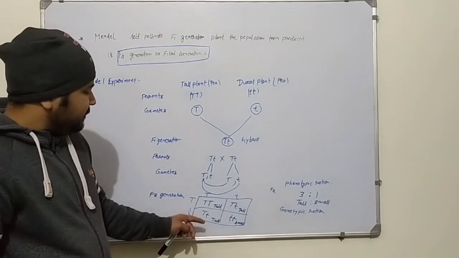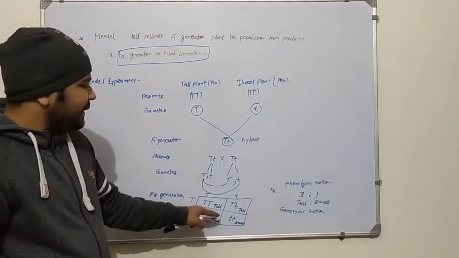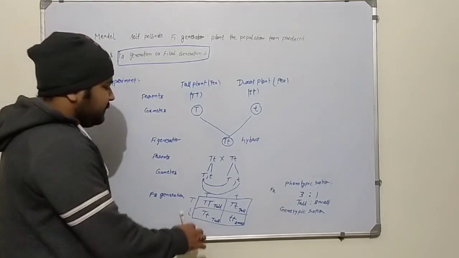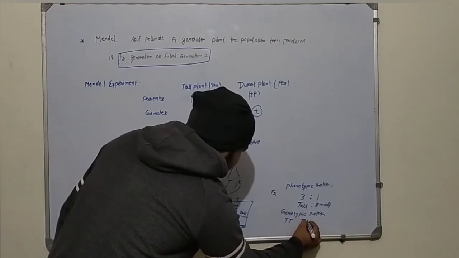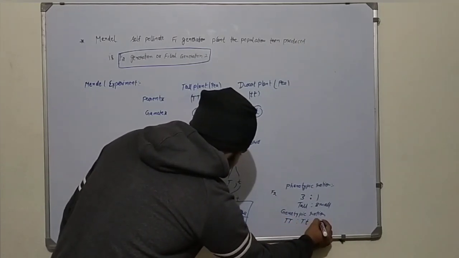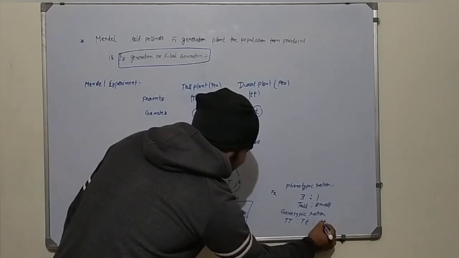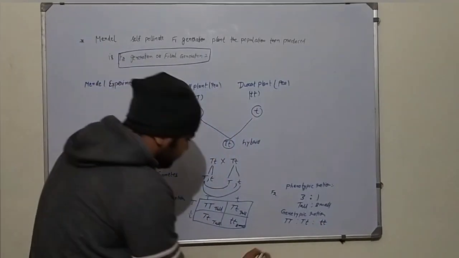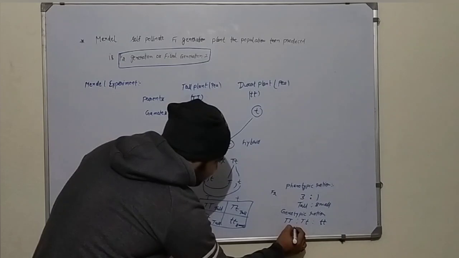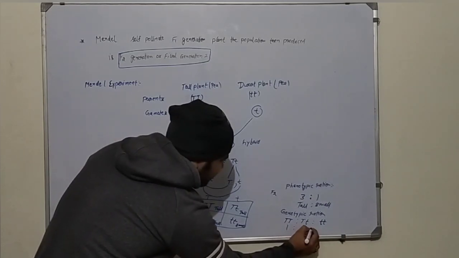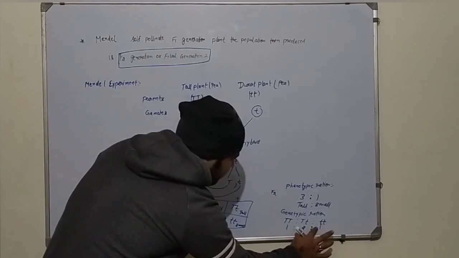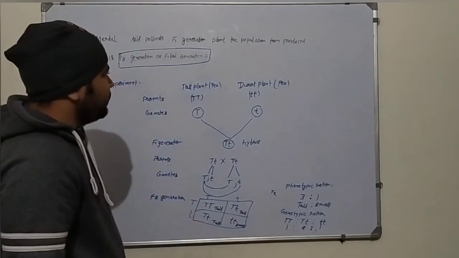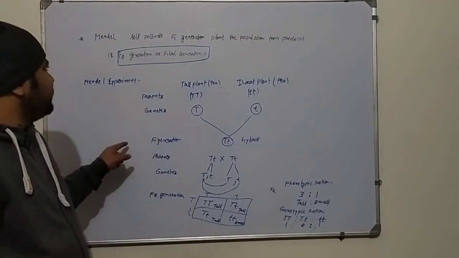There are 3 types of genes present in it, that is TT, Tt, and tt, and the ratio is 1:2:1. This is called the genotypic ratio. This is the experiment of Mendel.